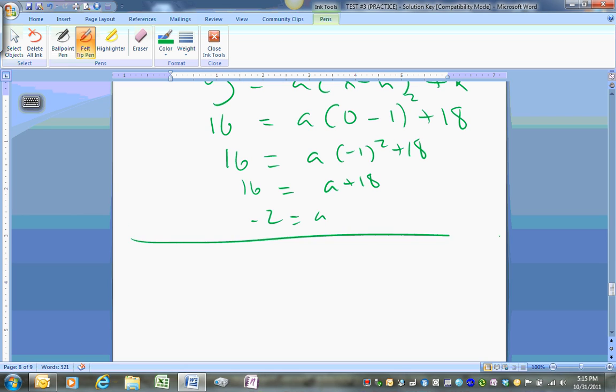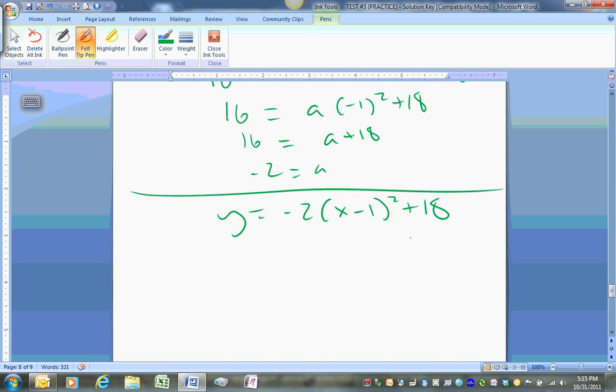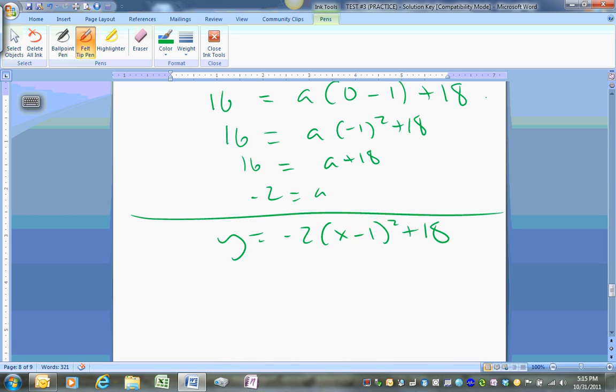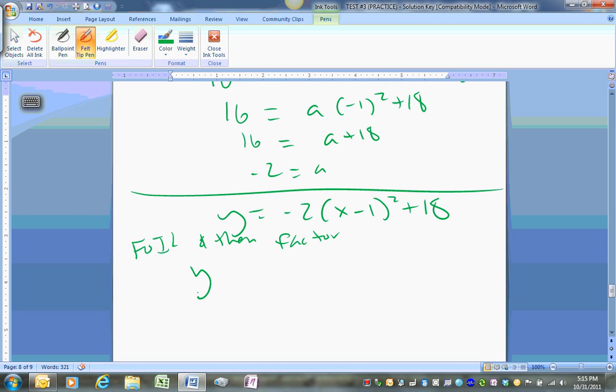So your equation is now this. Now, we're not out of the woods yet because you want the equation in intercept form, which is this. So you have to actually FOIL and then factor. I like this problem because it kind of forces you to do a lot of different algebraic things. So it's really testing a lot of different skills.